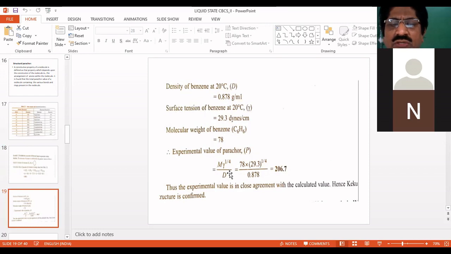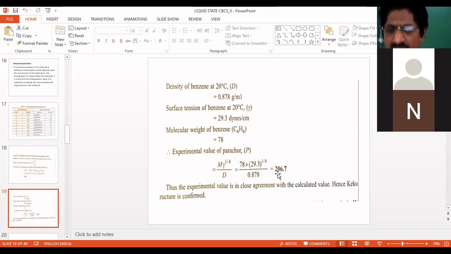Last time I told you this is an important equation: M gamma raised to 1 by 4 by D, where M is the molecular mass, gamma is the surface tension, and D is the density of the liquid. By putting that value, you can see that the experimental value is 206.7.